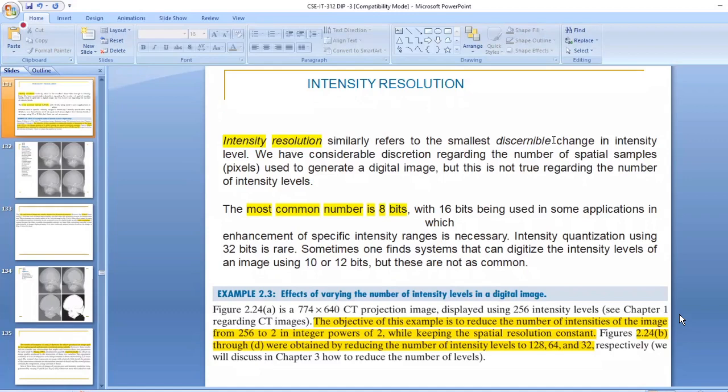So see the effect of varying the number of intensity levels in a digital image. I also want to explain this with the help of an example. See, the objective of this example is to reduce the number of intensities of the image from 256 to 2, in integer powers of 2.